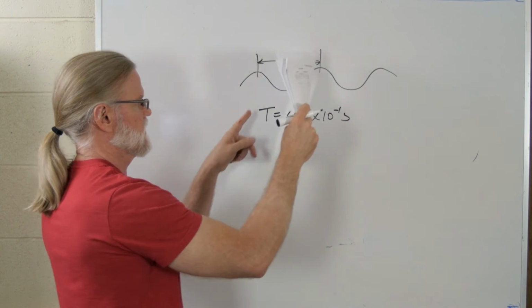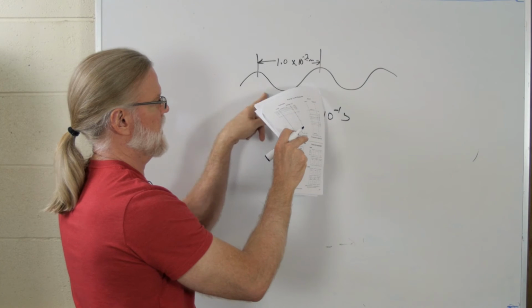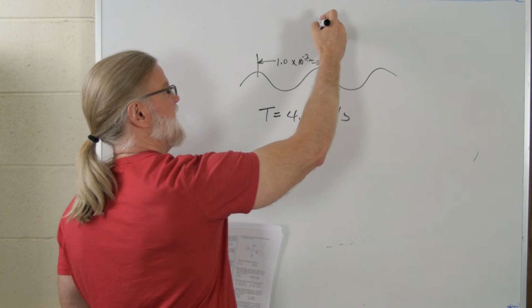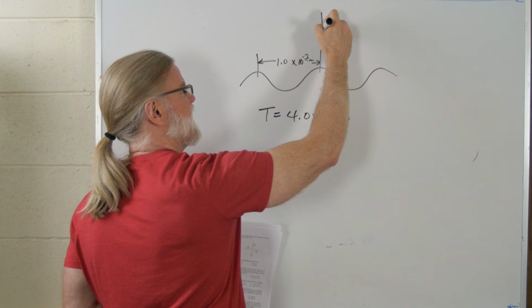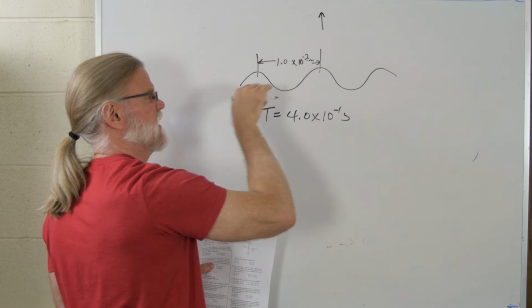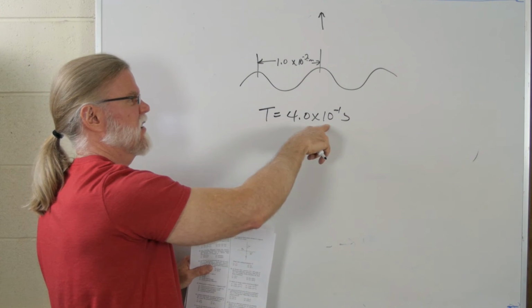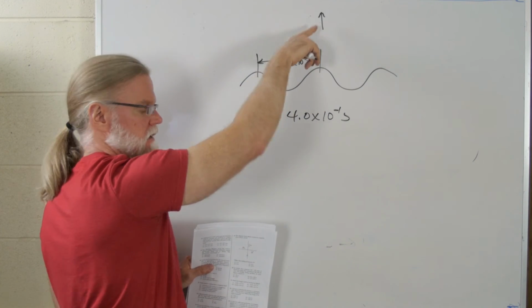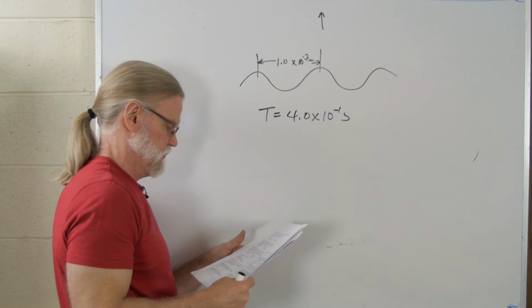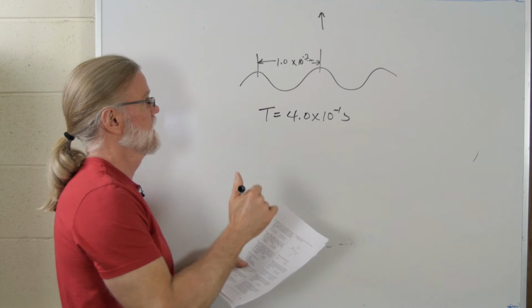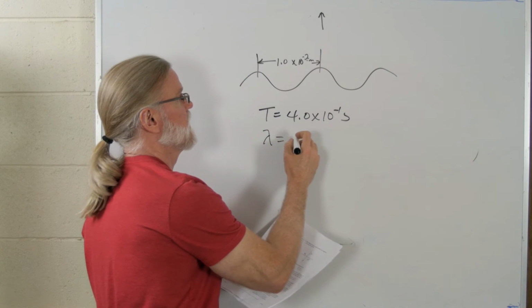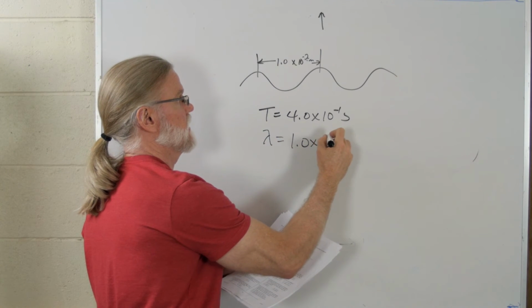So every crest, like here's a point right there, it's going by every 4 times 10 to the minus 1 second. That's a period. This, of course, is a wavelength. Wavelength is a centimeter.